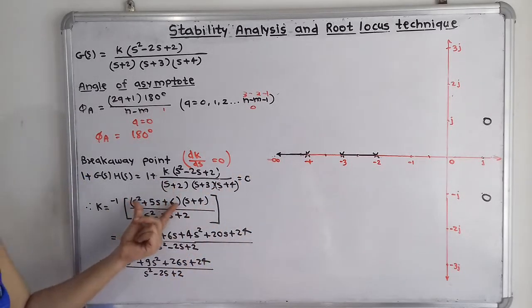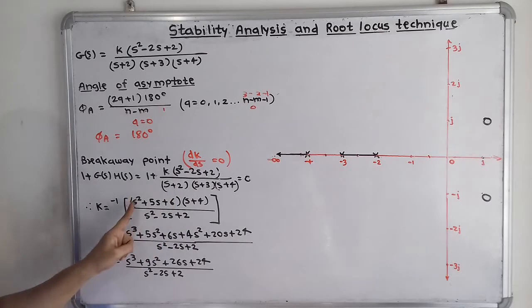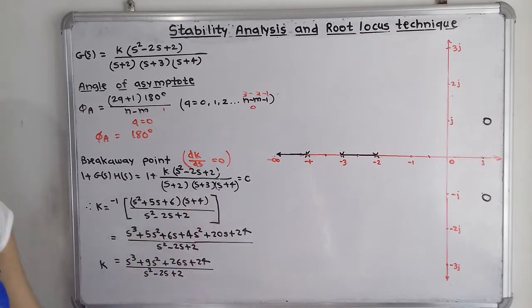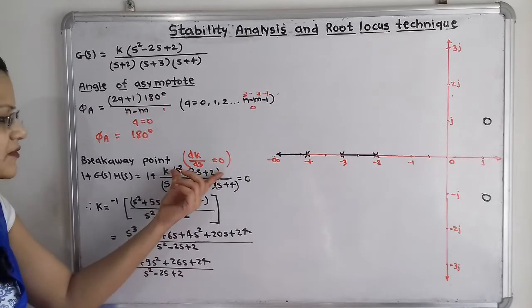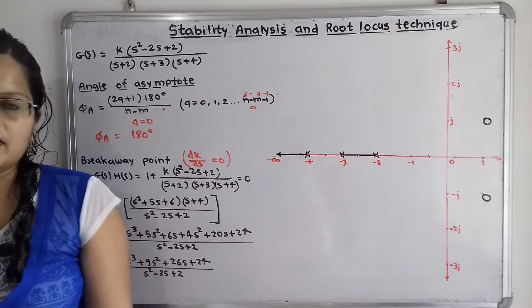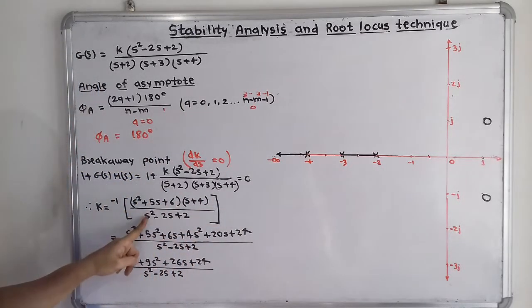After moving to the numerator we will simplify this; I will multiply these two brackets, so it is s square plus 5s plus 6, and the second bracket is s plus 4. Then I will transfer this numerator in the form of s to the right hand side, so it will move to the denominator. So here the value of K is minus the product divided by s square minus 2s plus 2.